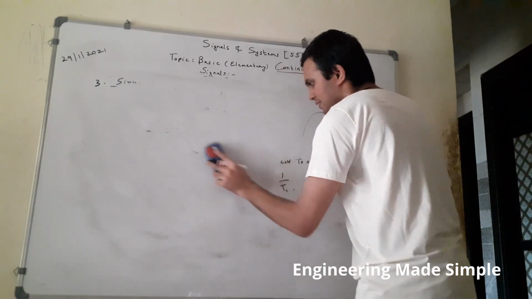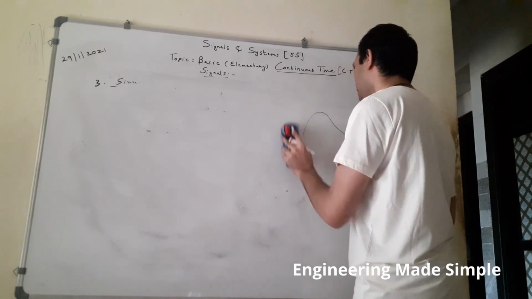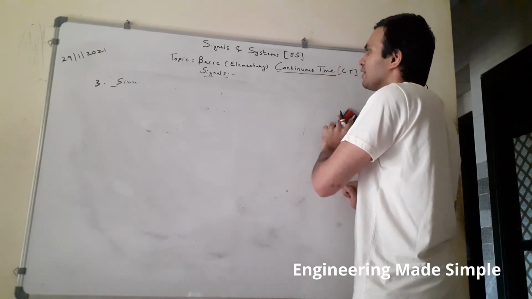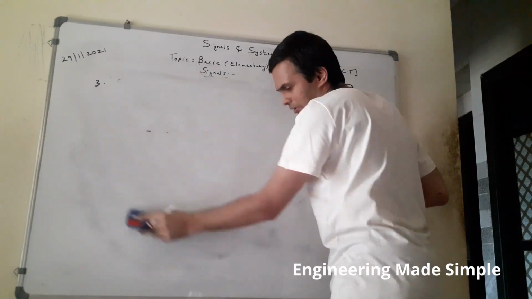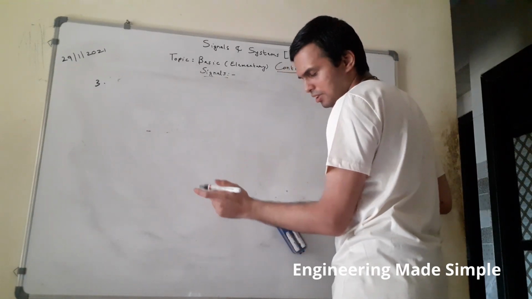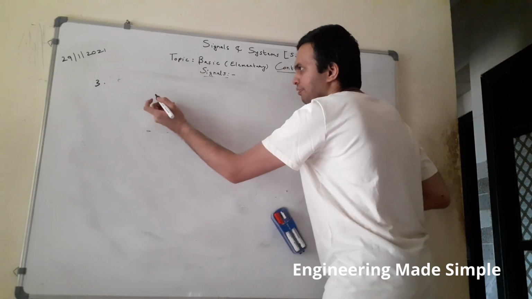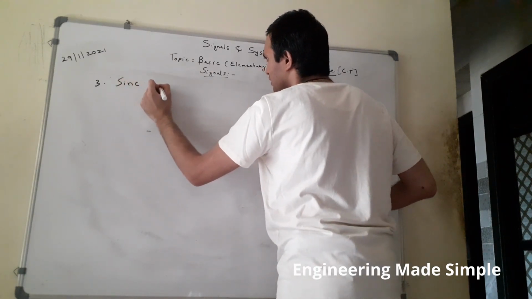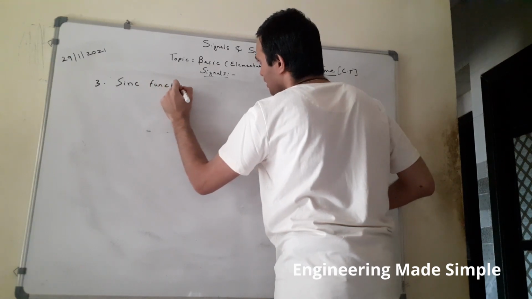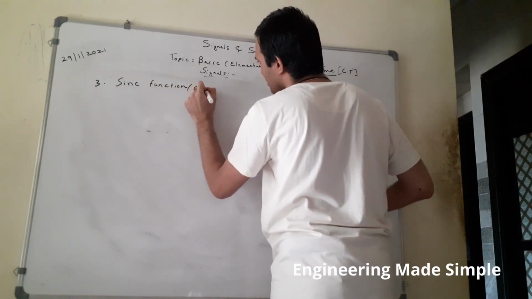And the last signal for today, and the last basic continuous time signal that we will need throughout this course, is your sinc function, or sinc signal to be precise.